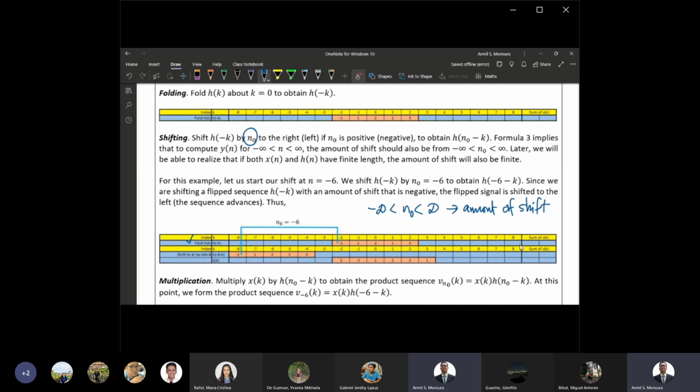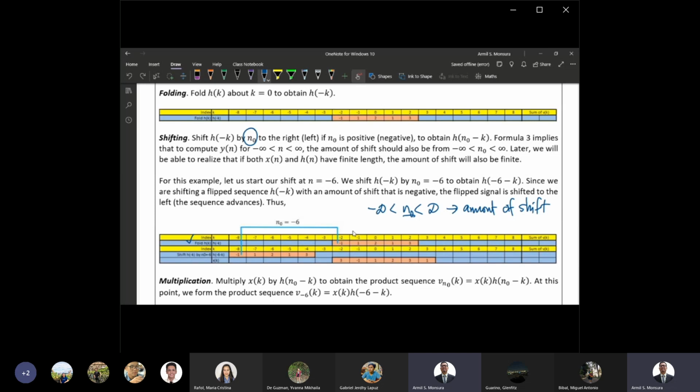But since we're dealing with a finite duration signal, and this is actually impractical in our case, we'll simply use some practical values for n0. In this case, let's have it be -6. We'll shift the folded h by -6.